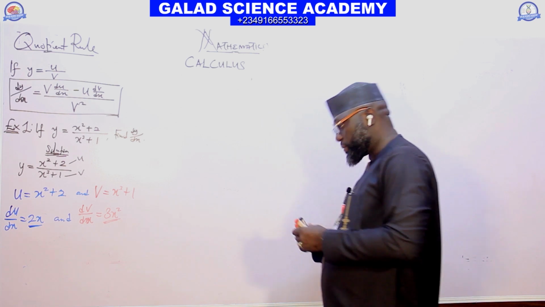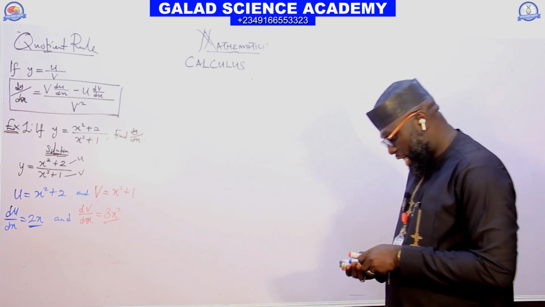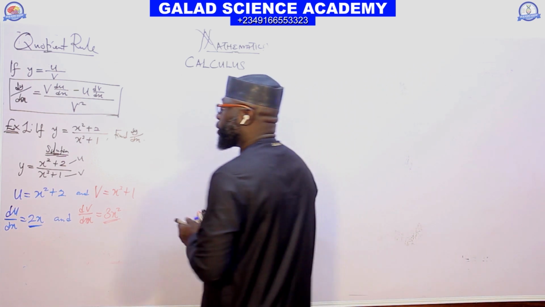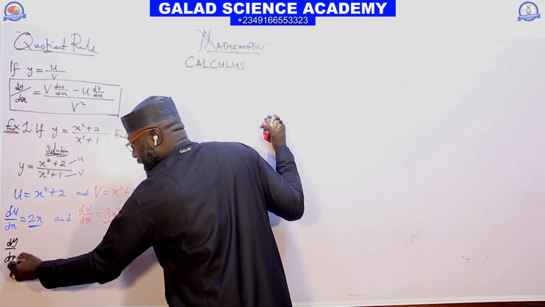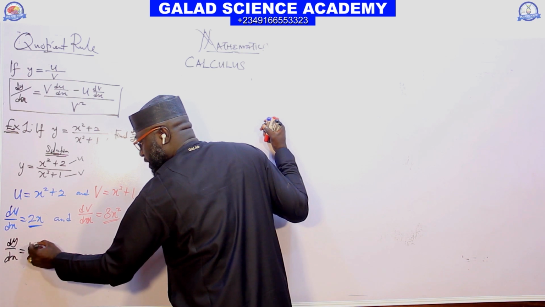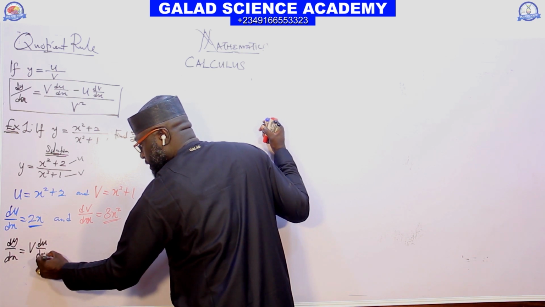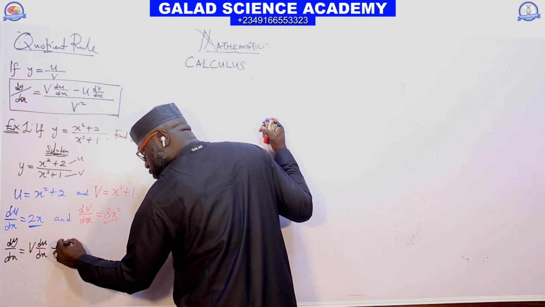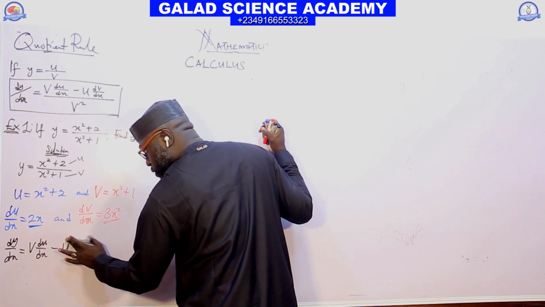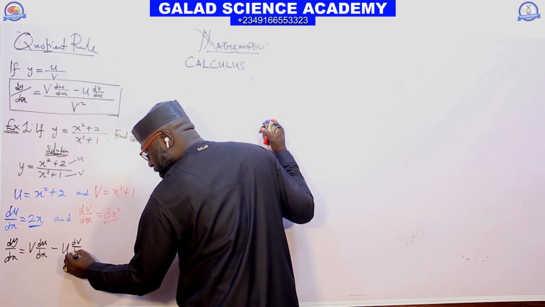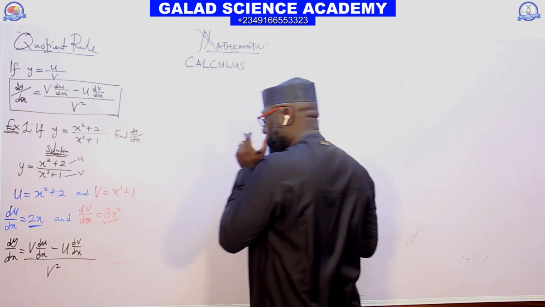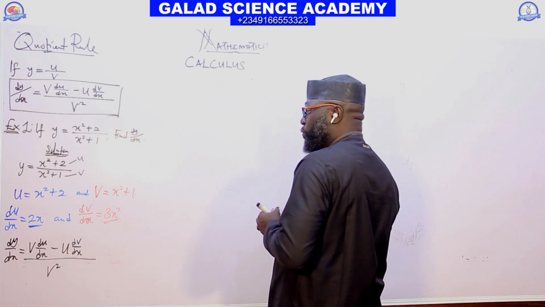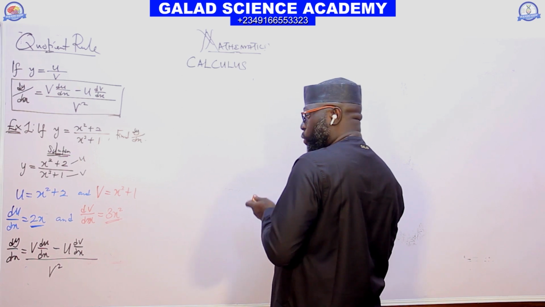The next thing now is to use the quotient formula. We say that dy/dx for quotient will be v du/dx minus u dv/dx, everything over v squared.